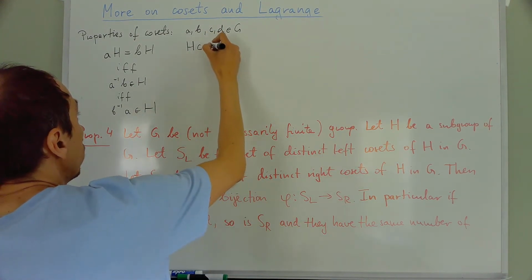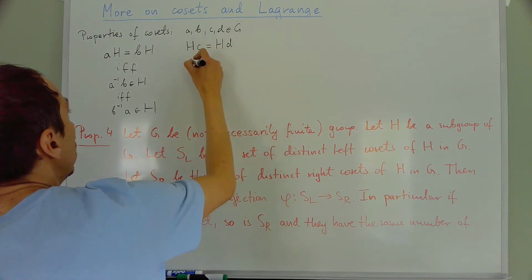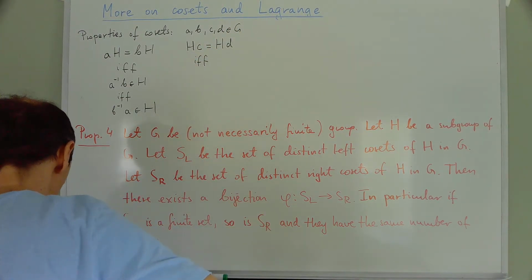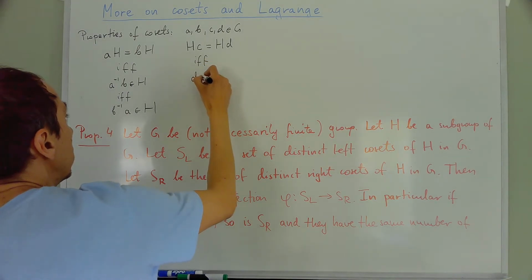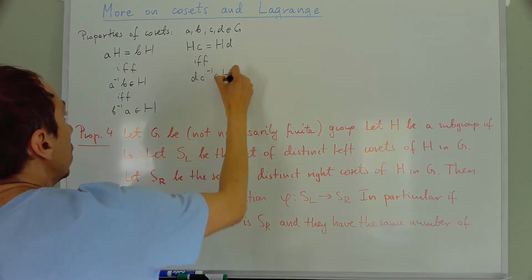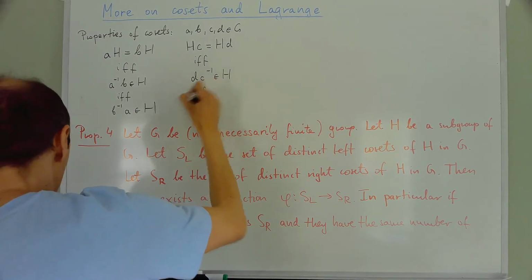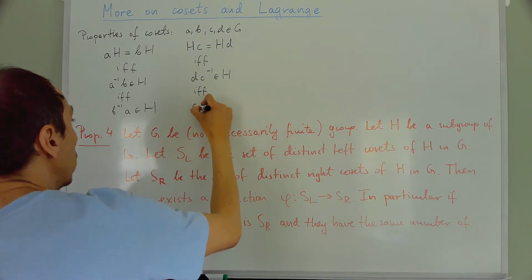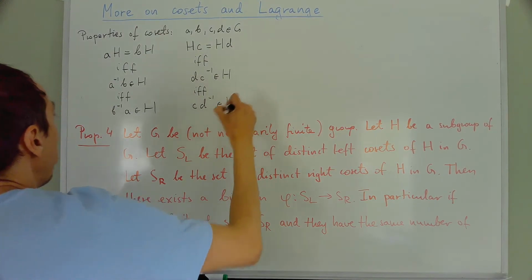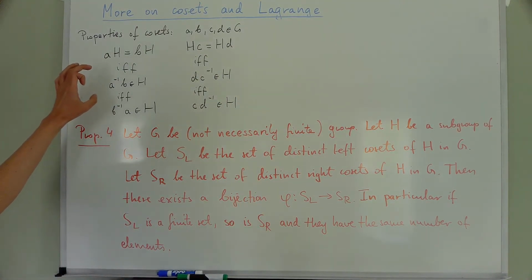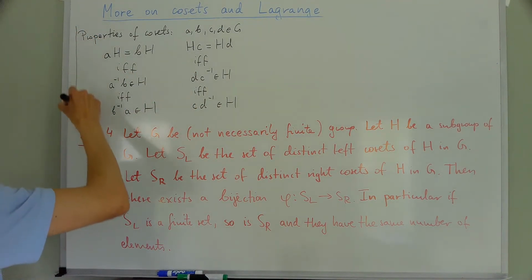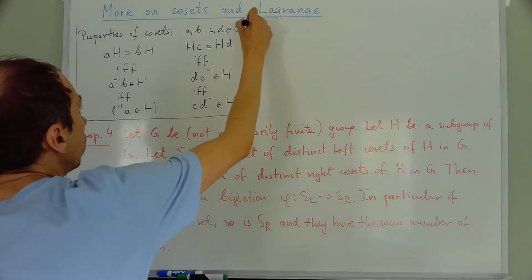So HC is equal to HD if and only if DC inverse is in H, and if and only if CD inverse is in H. You see, they're different, right? The inverses in the first case show up on the left, and here the inverses show up on the right. Okay, so we're going to use those things in our proof.